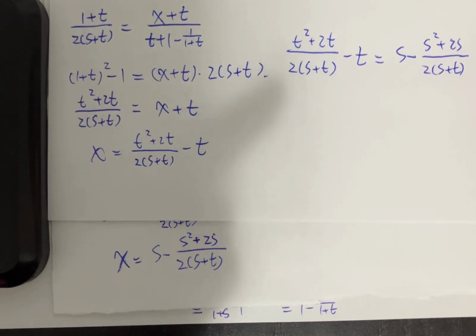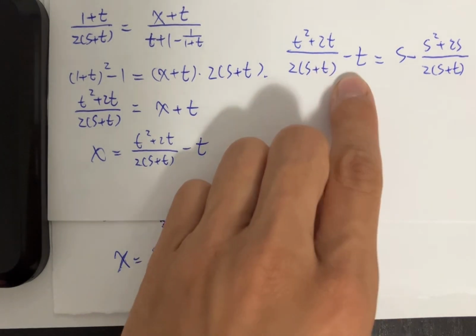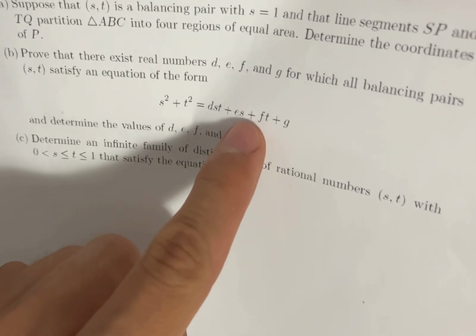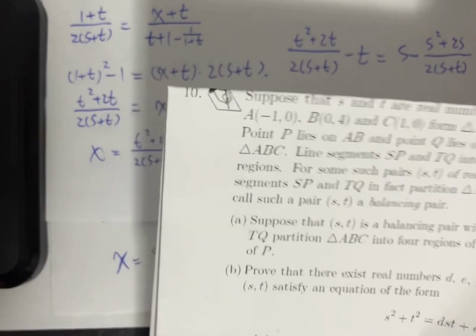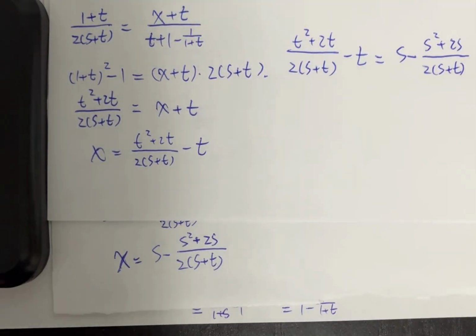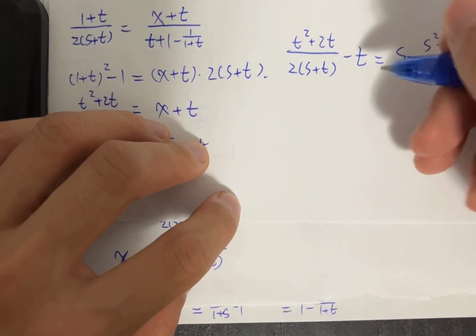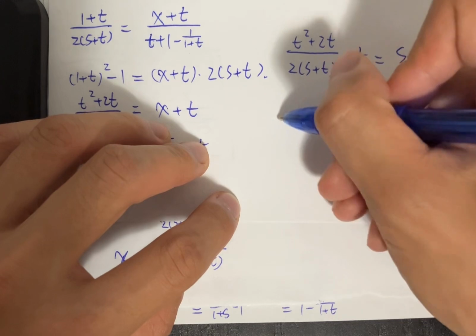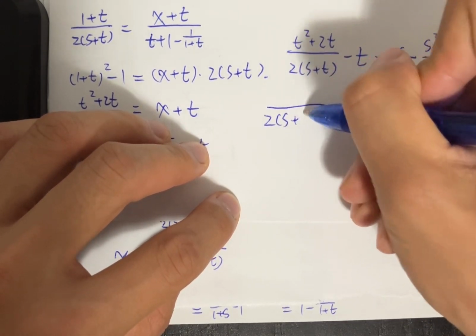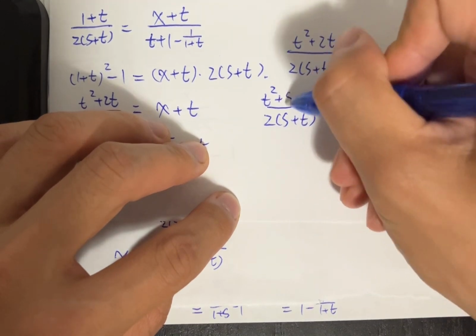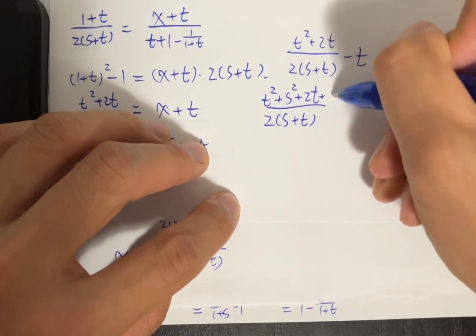Now we have to deal with this, and it is already quite close to what we want. We just hope that it is not an identity, otherwise everything is in vain. But it won't be. It's not true. So move it over. 2s plus t. On top, it is t squared plus s squared plus 2t plus 2s.